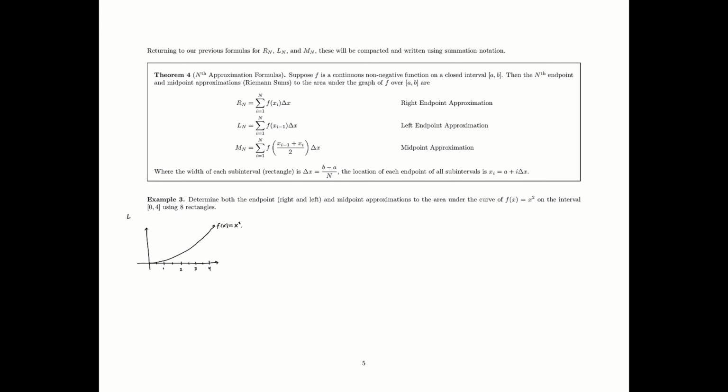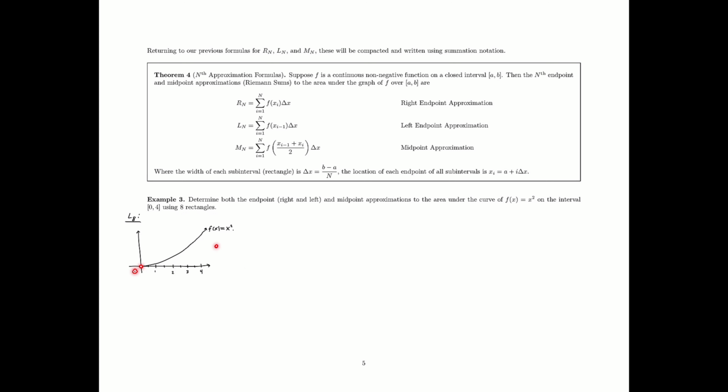So we'll do L sub 8. It's the left endpoint approximation using 8 rectangles. So to do this, when we draw our rectangles, we are going to be determining the height of the rectangle using the left endpoint. So for instance, on this first little rectangle right here, this is the base of that first rectangle, the left endpoint is right here, and which is 0.